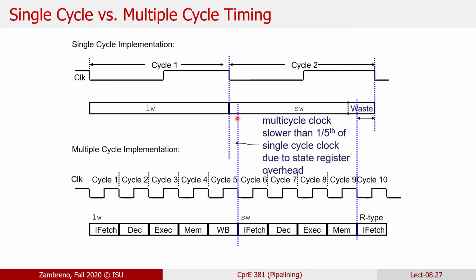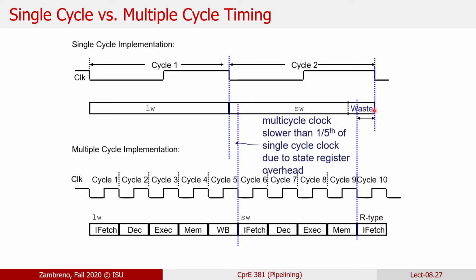If we compare now the store word, even if the multi-cycle timing is somewhat behind the single cycle after our load word instruction, when we now look at our store word instruction, which is requiring the same exact entire full cycle for the single cycle implementation, for the multi-cycle implementation, it's only taking those 4 cycles now because it only has those 4 stages. We don't need to waste that 5th cycle. So by the time we're on to cycle 10 in the multi-cycle implementation, we're actually on instruction 3.